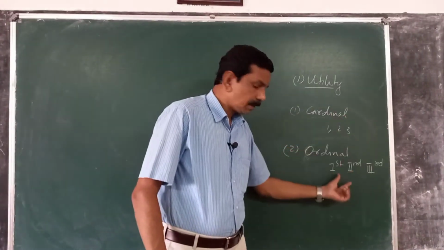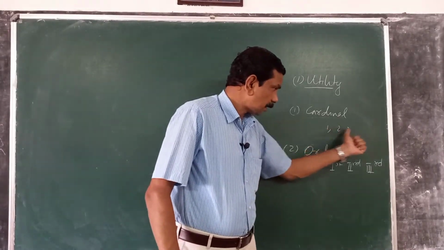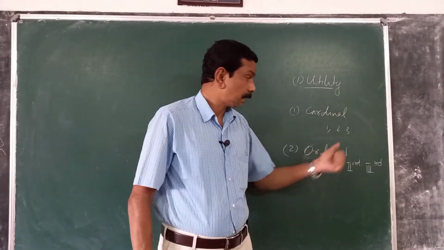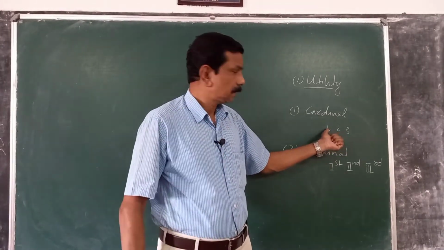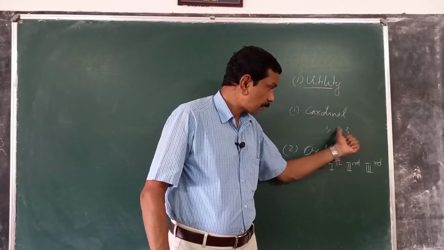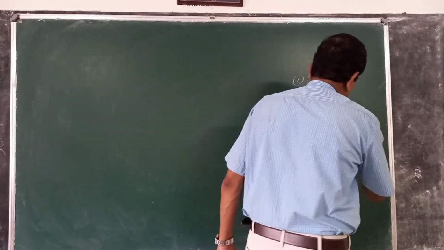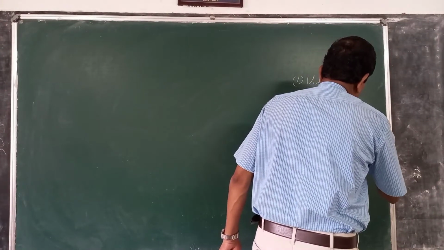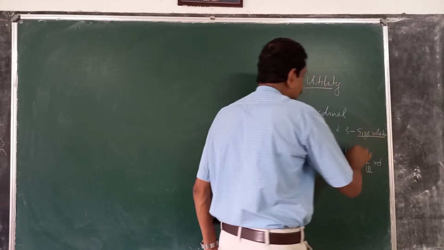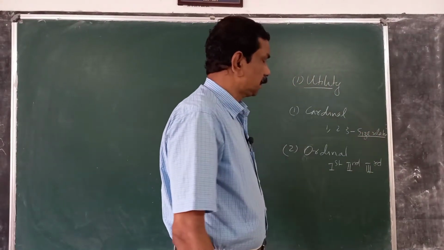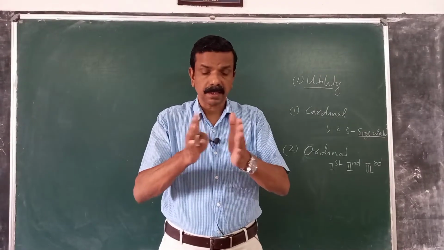The difference between these two is, in the case of cardinal numbers, we know that 2 is twice 1 or 3 is 1 more than 2. That means in the case of cardinal numbers, size relation between the numbers is given or known.